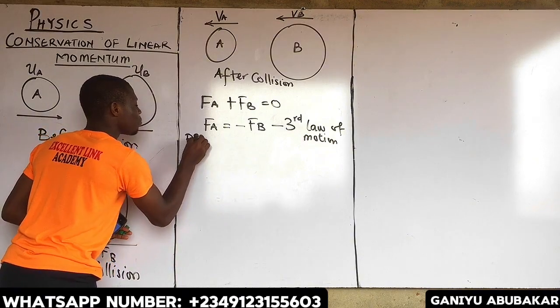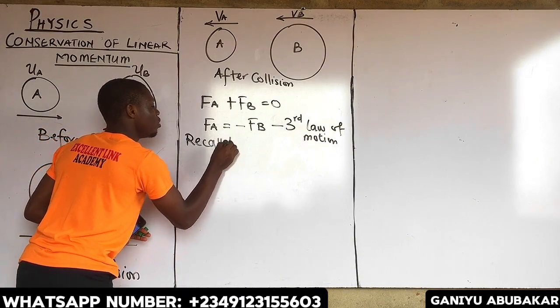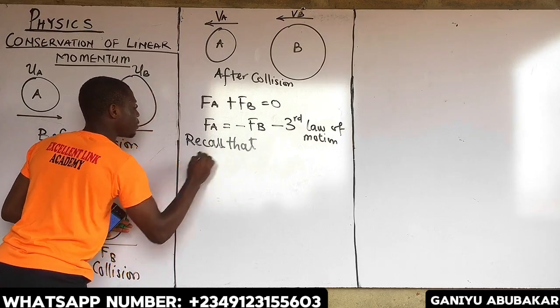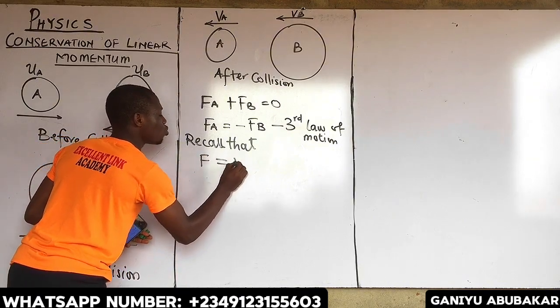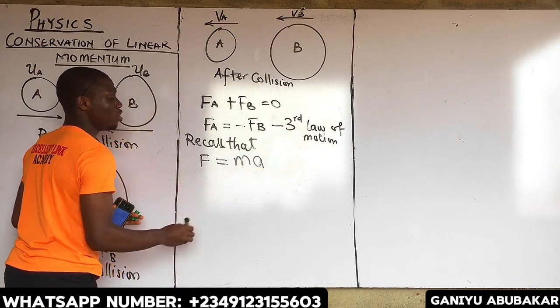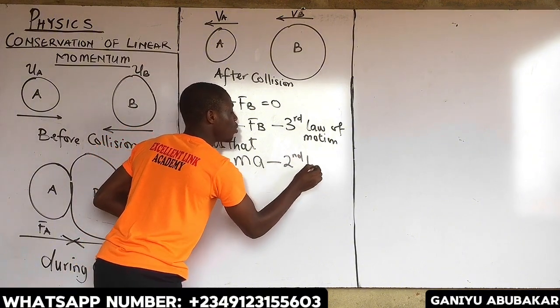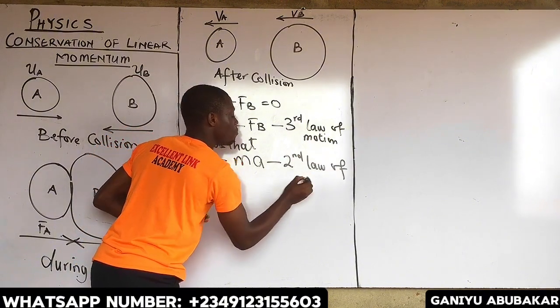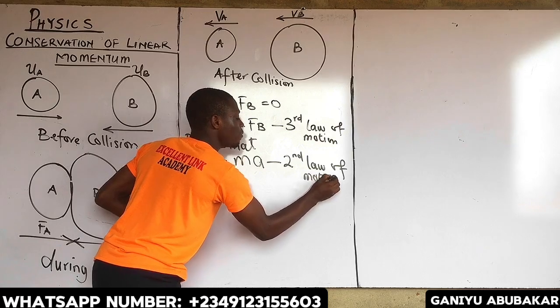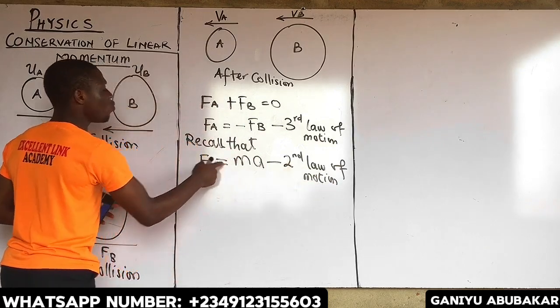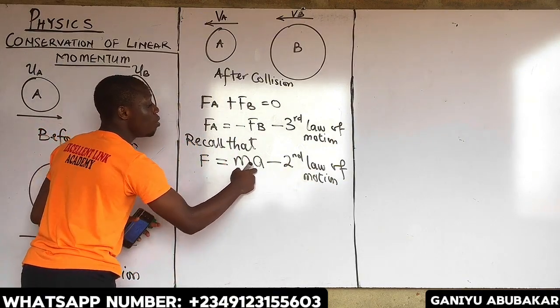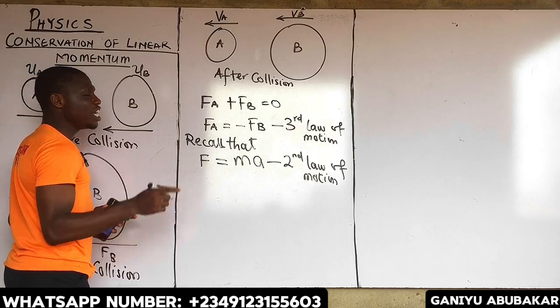Record that force is equal to mass times acceleration. This is from Newton's second law of motion. So record this one here, that force is equal to mass times acceleration. It is true.